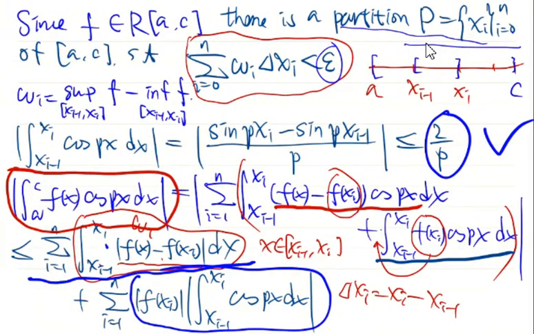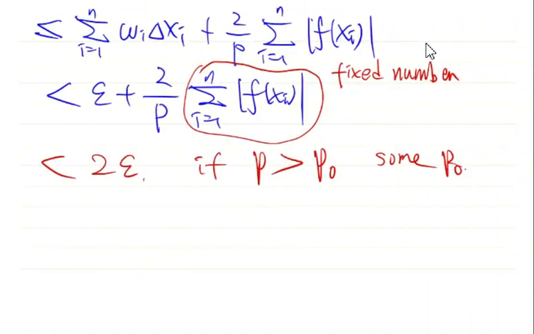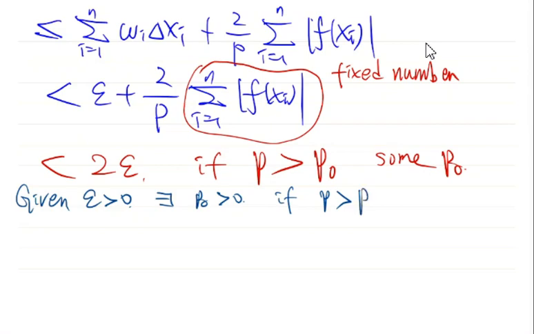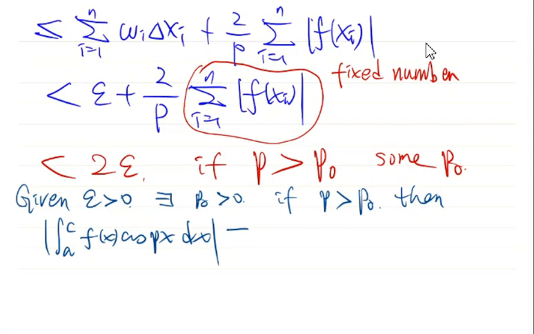Linking all our estimates, we get this conclusion. That is, given epsilon positive, there is a p_0 positive such that if p is greater than p_0, then the integral from a to c of f(x) cosine px dx is less than 2 epsilon.